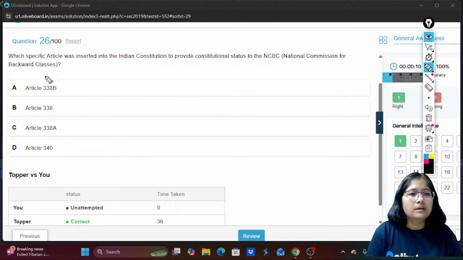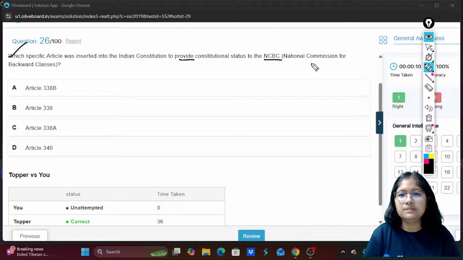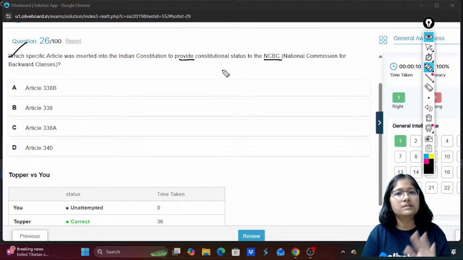Which specific article was inserted into the Indian Constitution to provide constitutional status to NCBC, the National Commission for Backward Classes? This is a question from basic syllabus completion itself.